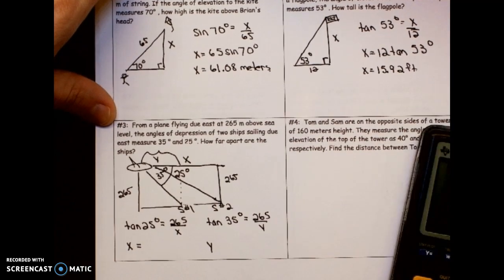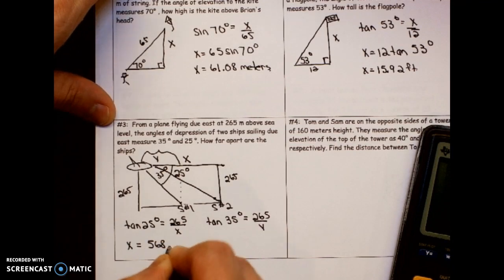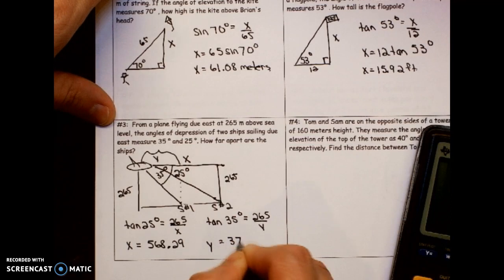I'm doing 265 divided by the tangent of 25. We get 568.29. 265 divided by the tangent of 35, and we get 378.46.